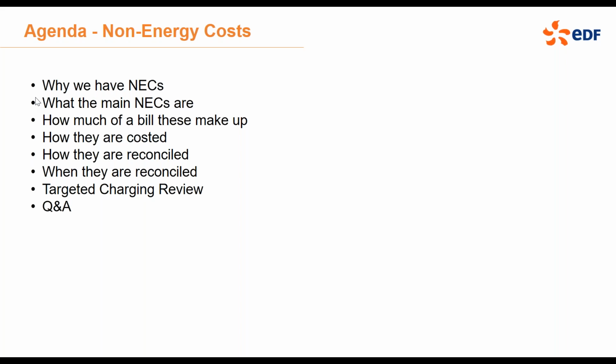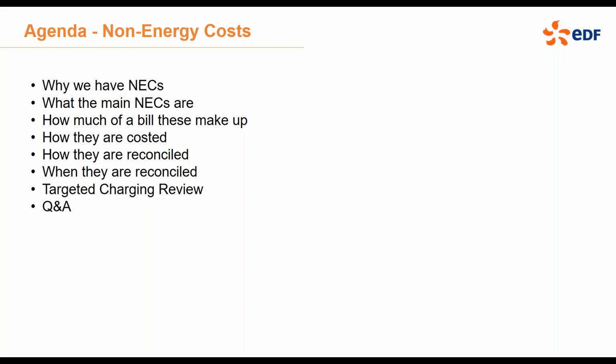So what we're really looking to cover off, as the agenda suggests, is the context for why non-energy costs are present, what they are, what they mean, and what, contextually, as a part of your cost, these contribute to the overall pence per kilowatt hour you pay, how we forecast those costs and how we reconcile those costs. Essentially, because they're not all known in advance, they're quite a tricky one to manage, as hopefully I'll explain.